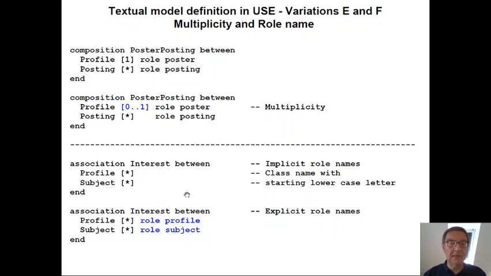They were left out, and you can do so. You then get implicit role names, where the class name is used as a role name and the starting capital letter is turned into a lowercase letter, assuming that the class names begin with a capital letter.